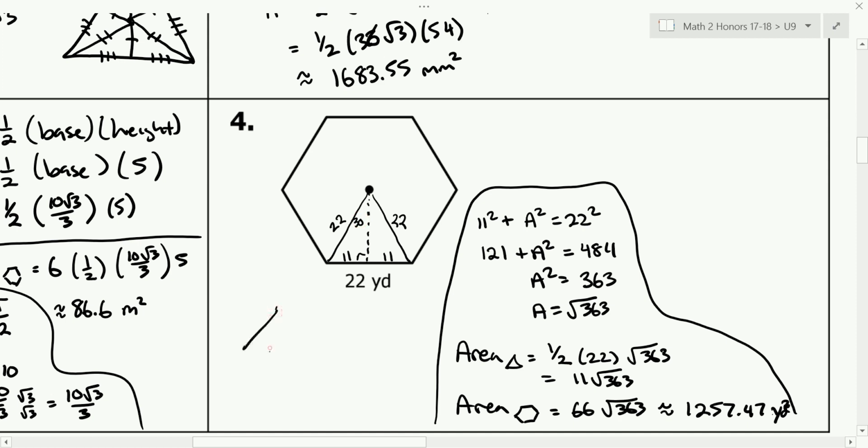And so if we have our 30, 60, 90, we have length 1 here, length 2 here, root 3 here. And so we can relate 1 to 11, right, by scaling it up by 11. So our apothem, in this case A, would be 11 root 3. And then you did what Elena did. Sorry, Lena did, right? So that means if we simplify 363, we should get 11 root 3. And you can try it out, and actually it works out that way. Okay, this is good. So I'm going to stop there with the notes.